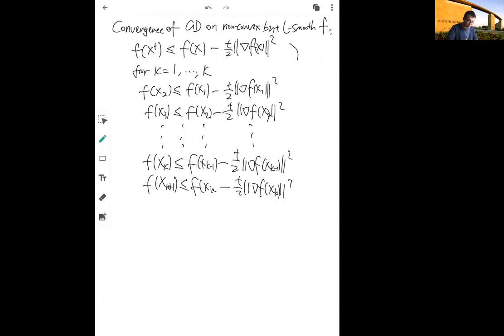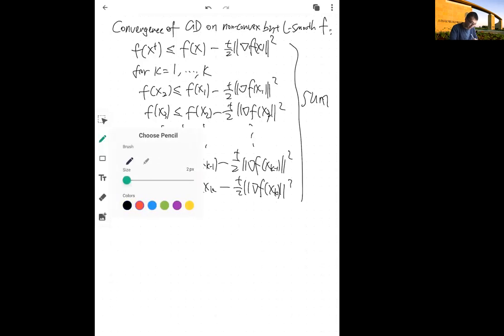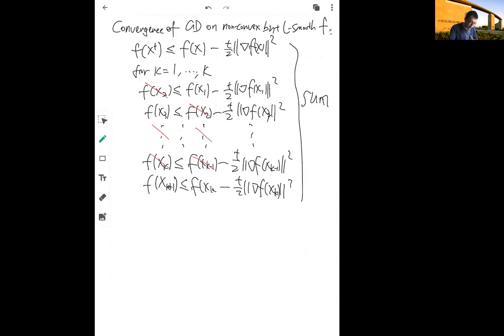Okay, so let's sum them up, and when we sum them up, a lot of things get canceled out, right? These two got canceled out, and these two, and these two, and these two. So at the end of the day, let's collect everything together.